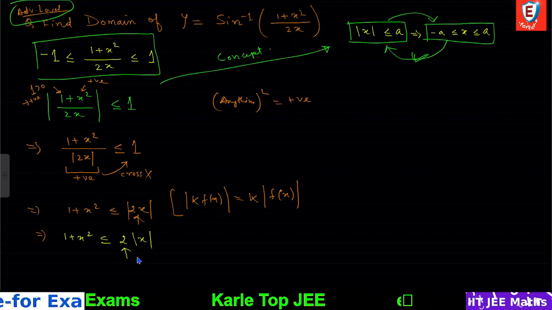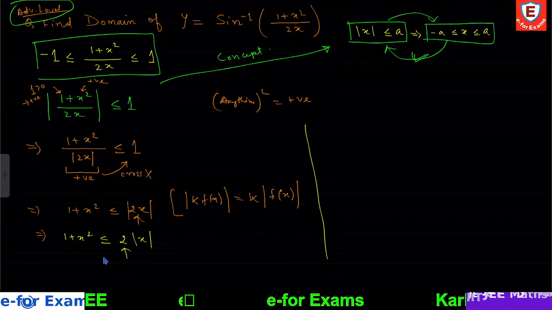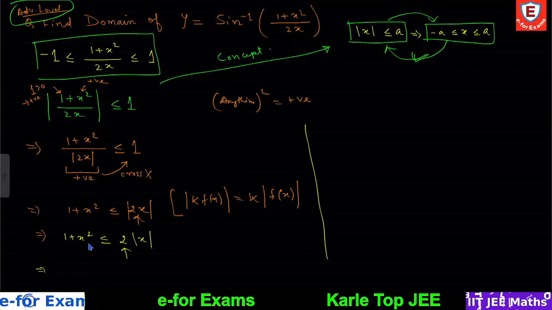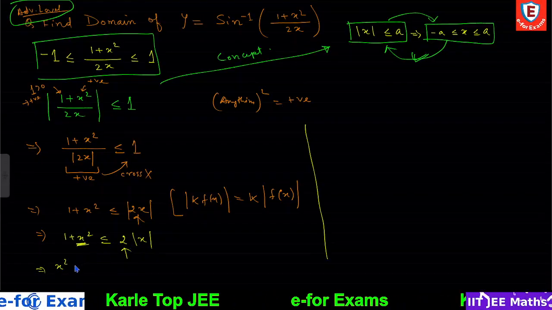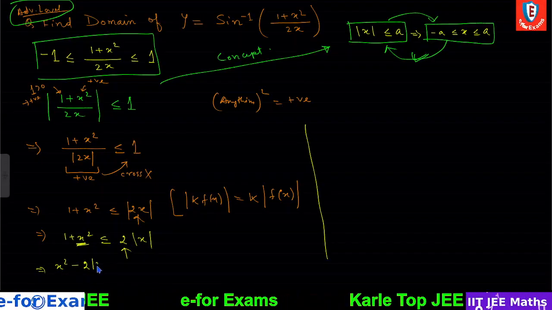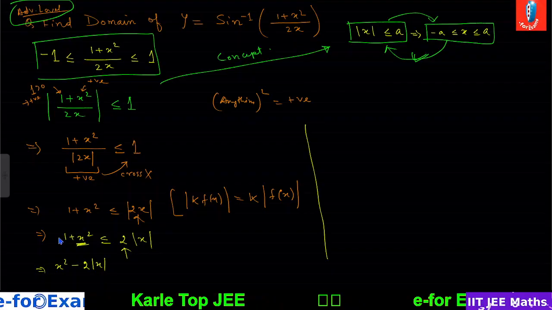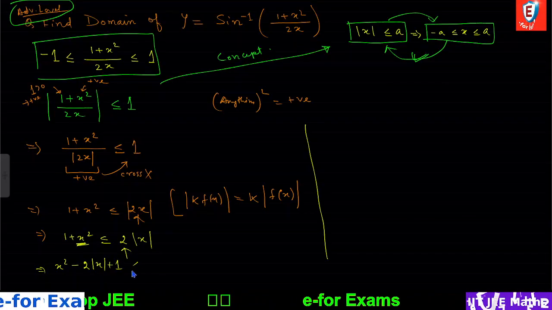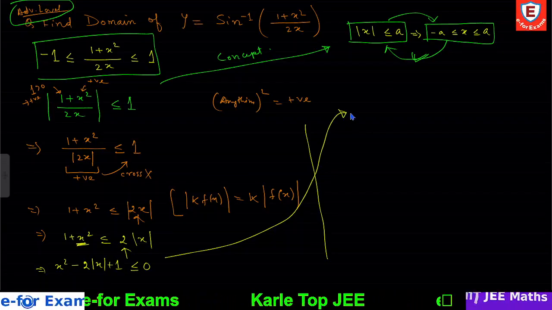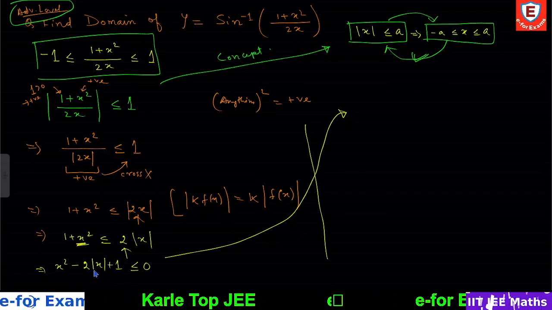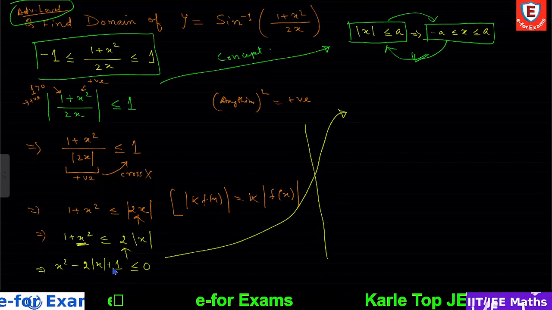So here we can transfer this towards this. We can rearrange this one. This comes to this side, means 2 of mod x. So x square minus 2 of mod x plus 1 less than or equal to 0. From here, what is this one? A square minus 2ab plus b square.